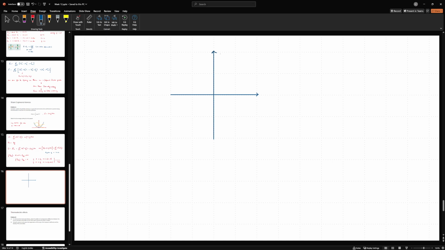This is my kx axis. This is my ky axis, and so for the largest allowed value of, smallest allowed value of, wait, I should be able to draw shapes.